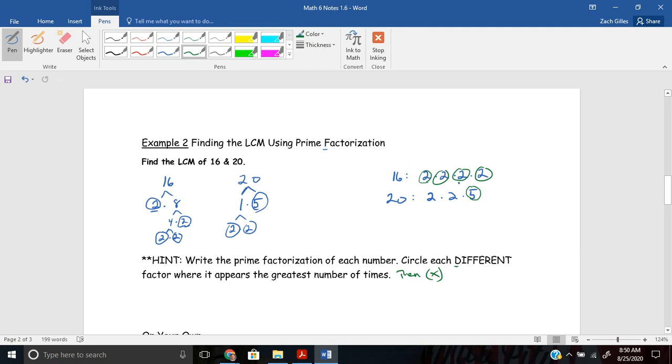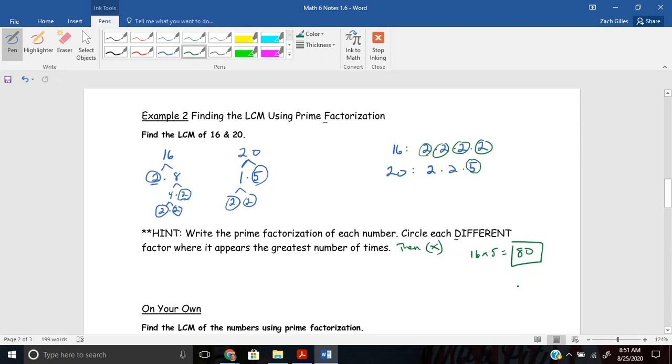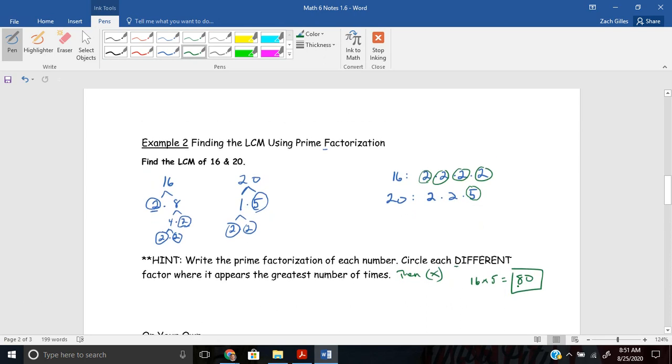And then I take 16 times 5. So 16 times 5 would give me a total of 80. So the least common multiple of 16 and 20 is 80. Now, could you have done that using the list method? Probably, but maybe it's not very easy to find all the multiples of 16, right?